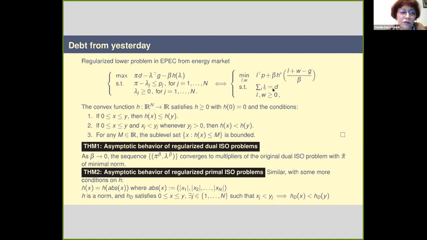Here I forgot one constraint. So it's L smaller than G. It's L smaller than G because the ISO cannot dispatch more than what the agent proposed to generate for the price that was bid. So the multiplier of this constraint is what we call lambda, and it's called the marginal rent.